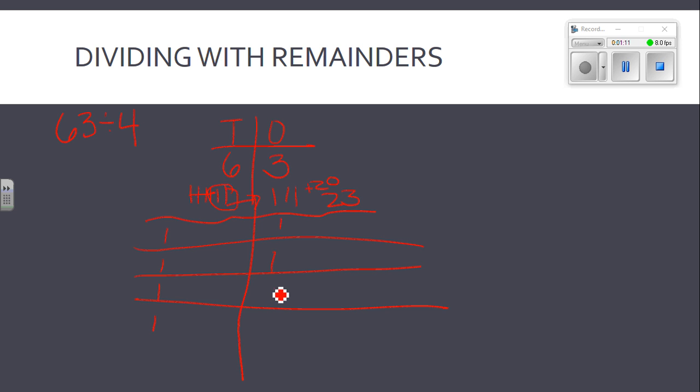So 1, 2, 3, 4, 5, 6, 7, 8, 9, 10, 11, 12, 13, 14, 15, 16, 17, 18, 19, 20. I have 3 left over and I can't split them among 4. So that means I have a remainder of 3.